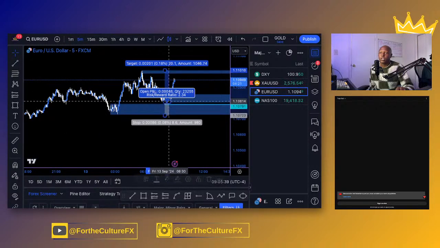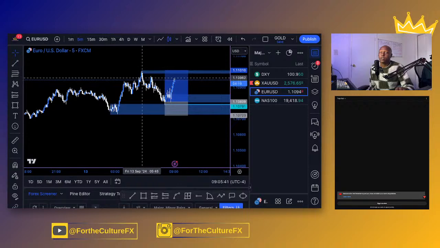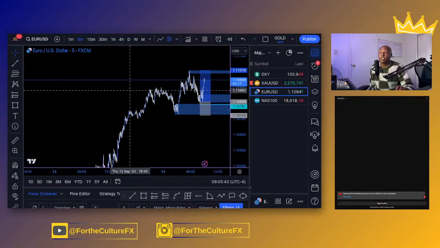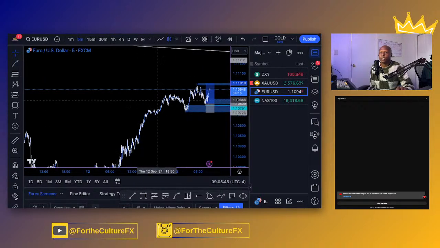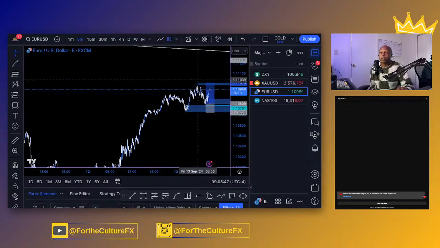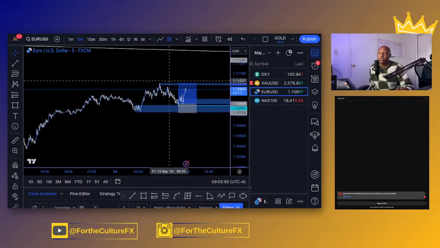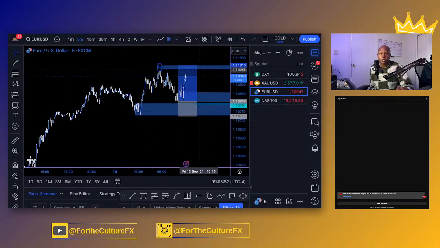And why we would set a take profit for the highs instead of the demand zone is because this is a continuation play. So price is in a bullish trend, creating higher highs and higher lows. And essentially you want to see that continuation to break for a new high, to continue in the direction.